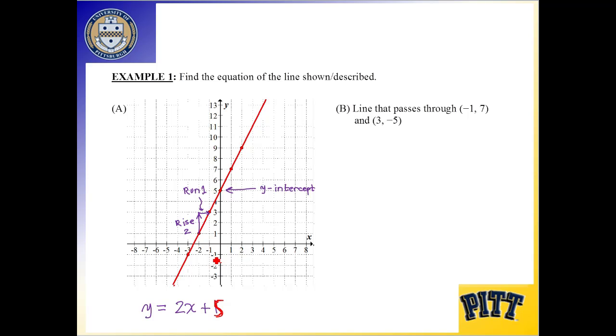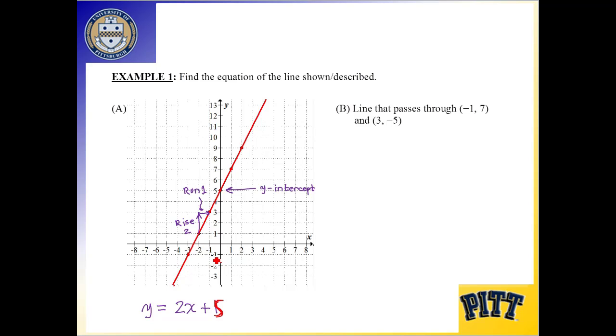I may not be able to say with certainty, depending on how well the graph has been scaled. So I may need another method to figure out the y-intercept. Sometimes you have to be careful, because just looking at it alone, you're not necessarily going to put it in slope-intercept form right away. You may have to use two coordinates and then find the y-intercept by calculating it.